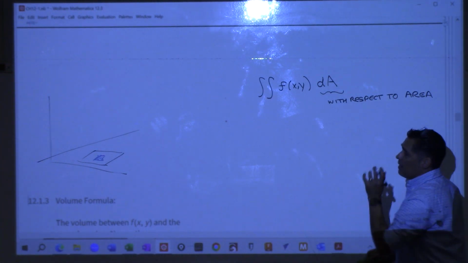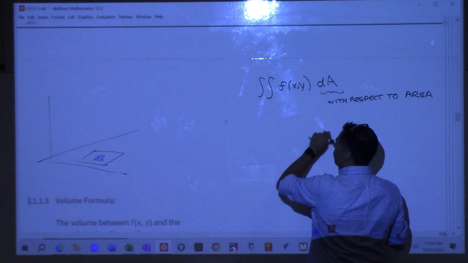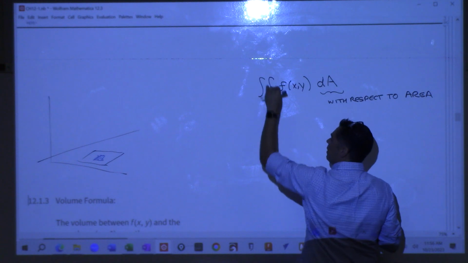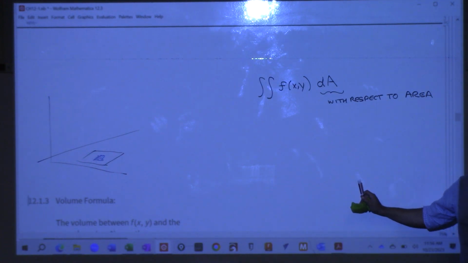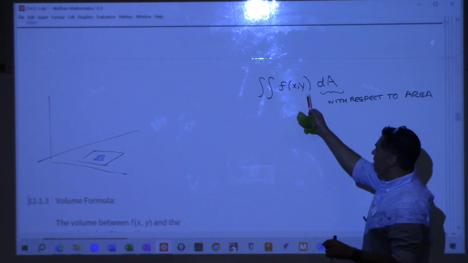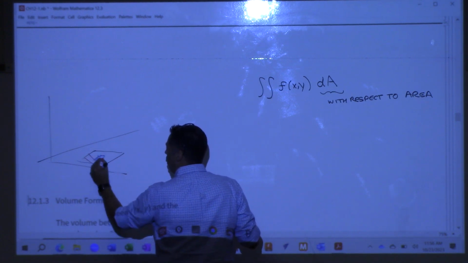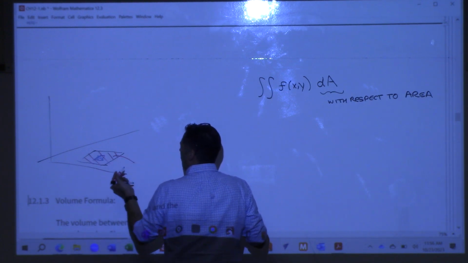But there's one thing I'm missing, and that is on a regular integral in Cal 2, don't you have to put limits of integration to get the area? A to B. For us, we have A to B and then C to D, right? In this notation right here, all I'm going to do is call the whole thing on the ground R.